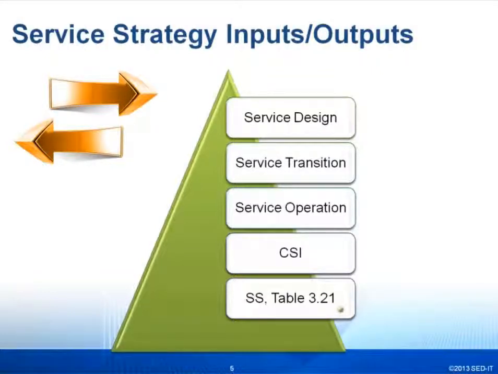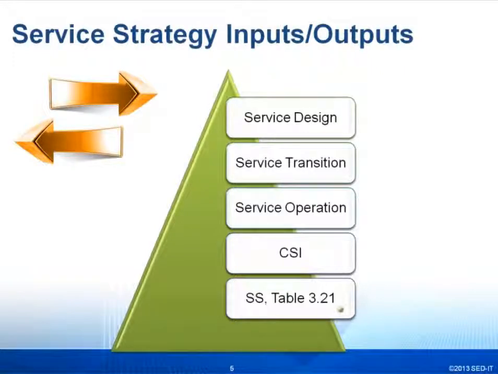Now, how would the other life cycle phases provide information to strategy? Well, what is the output of design? Well, design has some input into the business case development, they will provide some updates to the service portfolio, including the service catalog. They'll provide some financial estimates and reports, et cetera, et cetera.